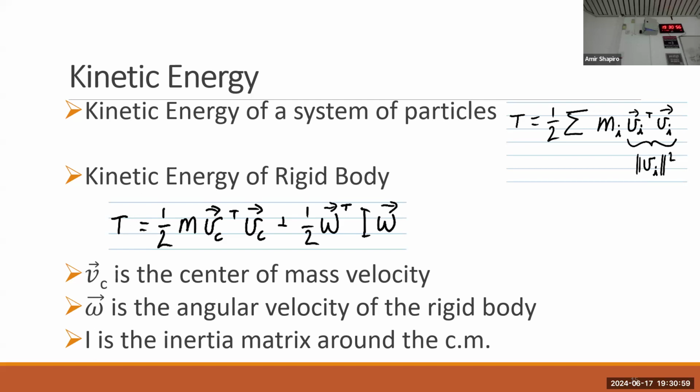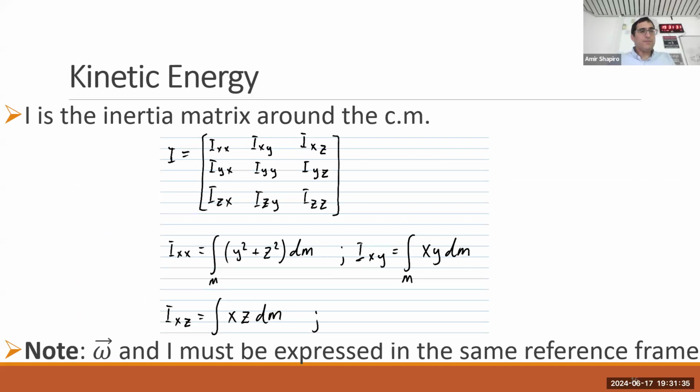If this is in the joint coordinate system, omega also has to be in the same coordinate frame. So Vc is the center of mass velocity, omega is the angular velocity of the rigid body, and I is the inertial matrix around the center of mass. And all should be in the same coordinate frame.